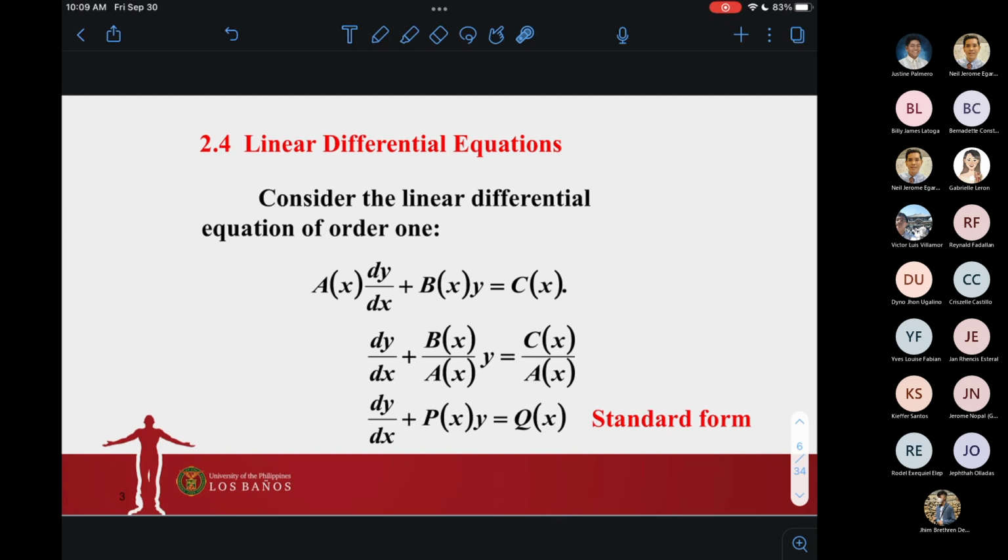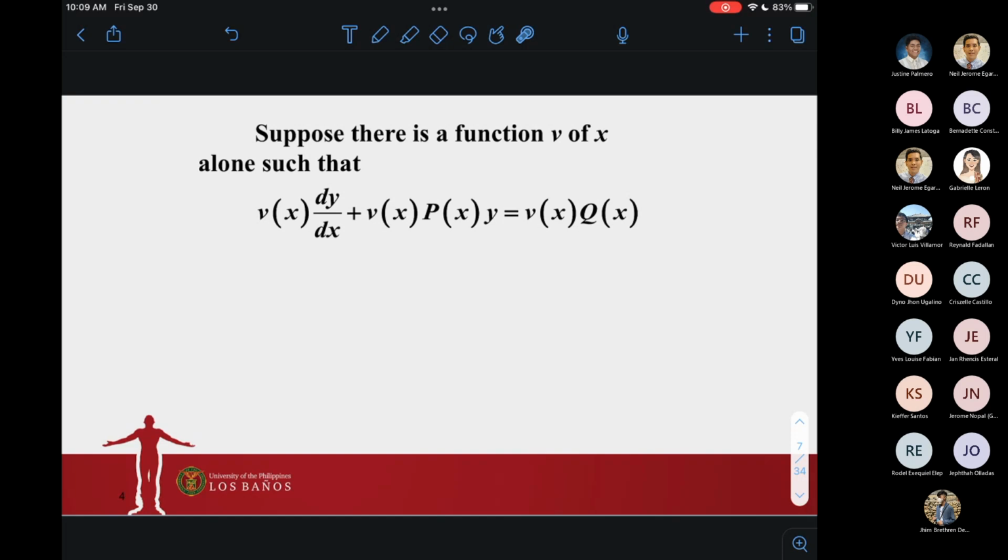All right? So, pag nasa standard form na siya, magsisimula na tayo nung method na tinatawag nating method by integrating factor. Okay? So, dahil sinabi ko integrating factor, ang gusto natin ay makahanap ng appropriate function v na pwede kong i-multiply to both sides of the ODE in standard form.